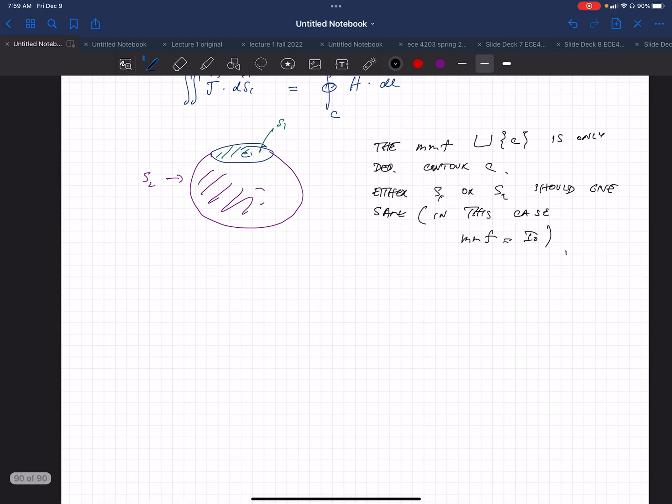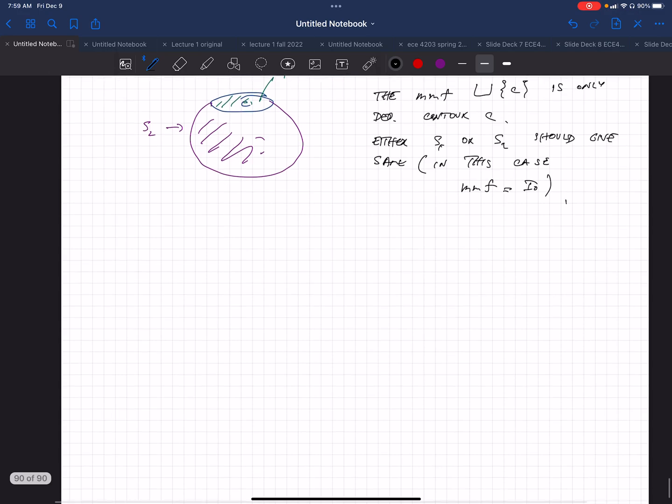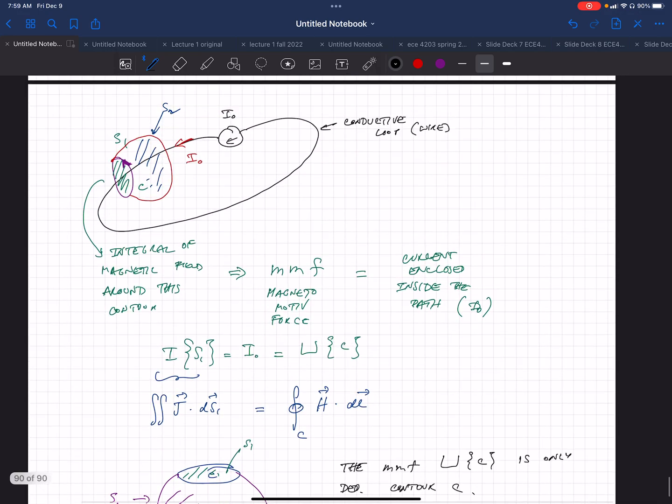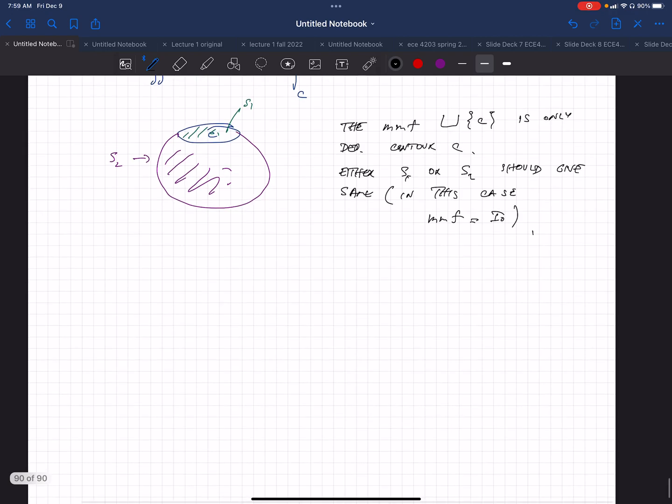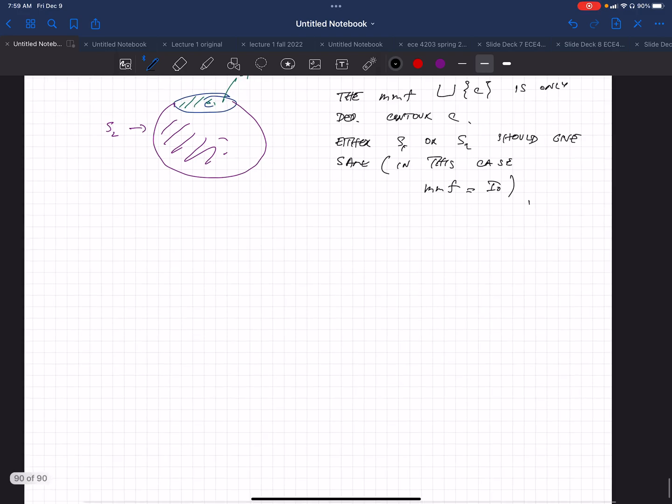Okay, so that's fine. Now let's say we change this experiment. So far everything's good. Let's say we change this experiment a little bit and stick a capacitor in series with this line. So we still have the loop with I0.